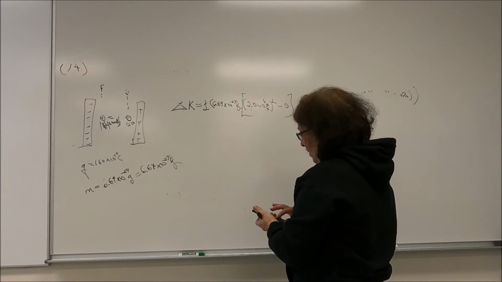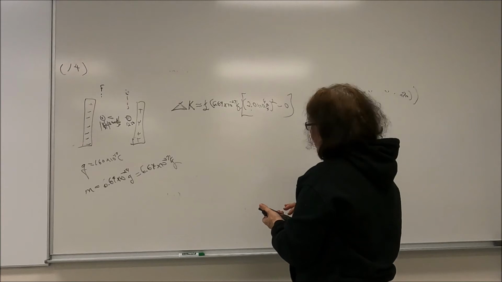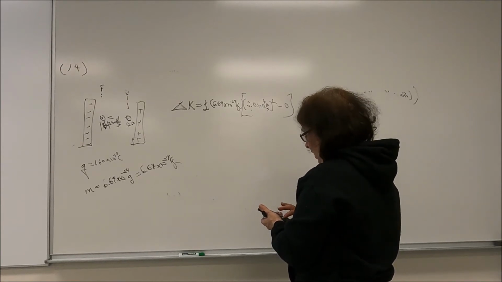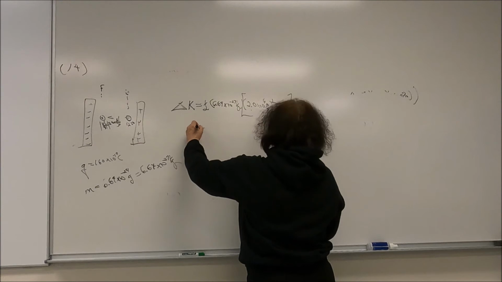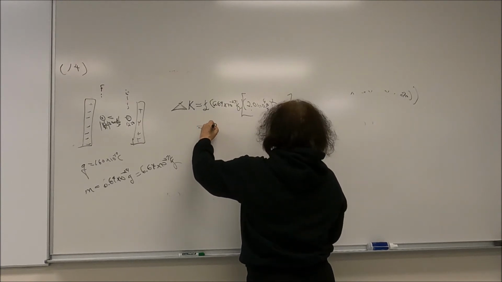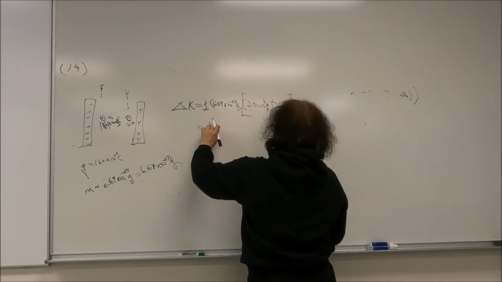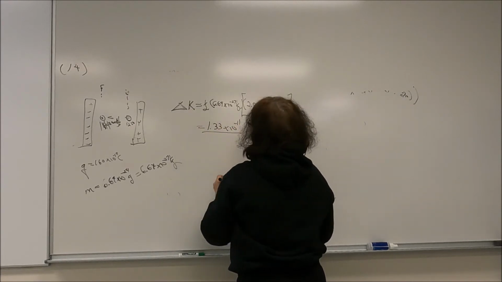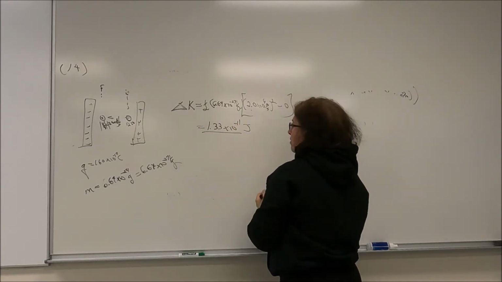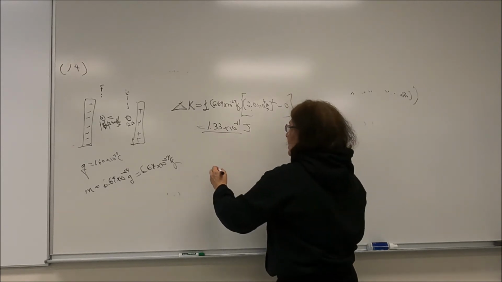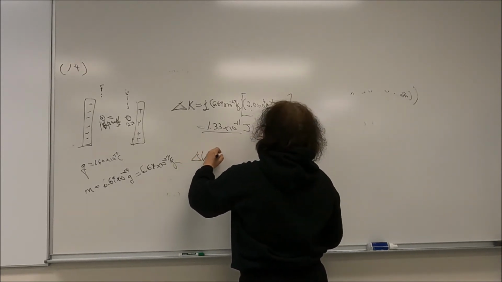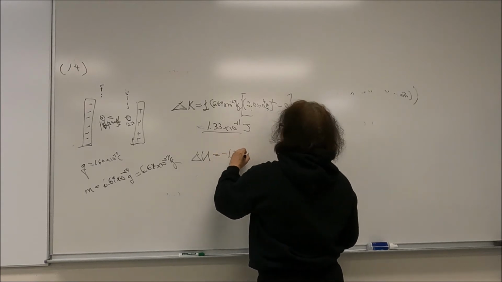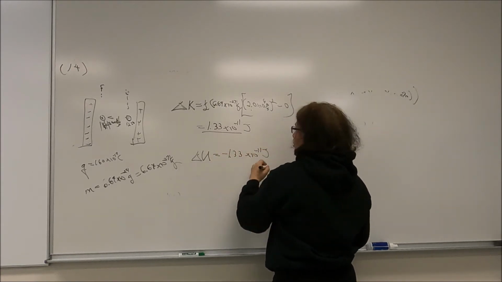So 2 times 10 to the 6 squared times 6.64 times 10 to the minus 27 divided by 2 gives us a change in kinetic energy of 1.33 times 10 to the minus 11 joules. So the kinetic energy is increased. The change in potential energy then is minus 1.33 times 10 to the minus 11 joules.